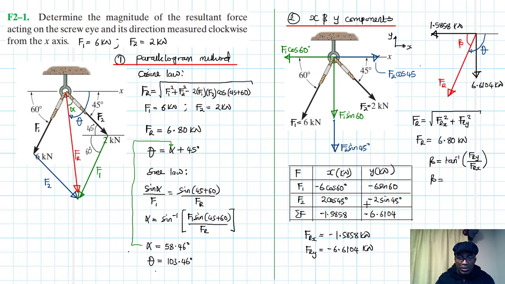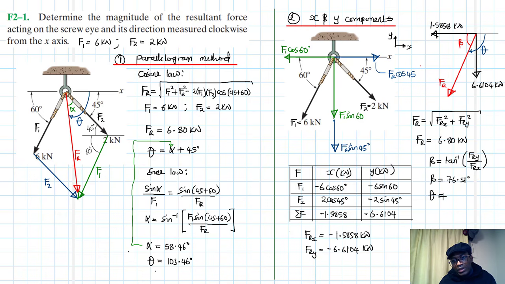Both are negative, so the negatives will cancel out. So 6.6104 divided by 1.5858, tan inverse of that, it just gives us 76.51 degrees.